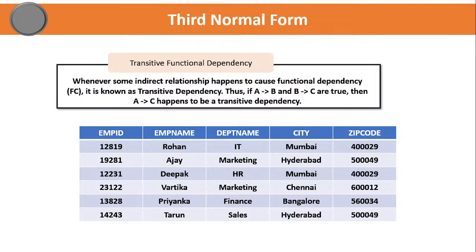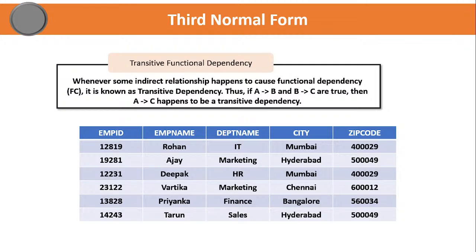For that, I'm taking another table, which has employee ID, employee name, department name, city, and zip code as its attributes. Now the super key in the table mentioned above can be employee ID plus employee name, or else employee ID, employee name, and employee zip code, and so on. The candidate key here is basically the employee ID because it is uniquely identifying each and every record.